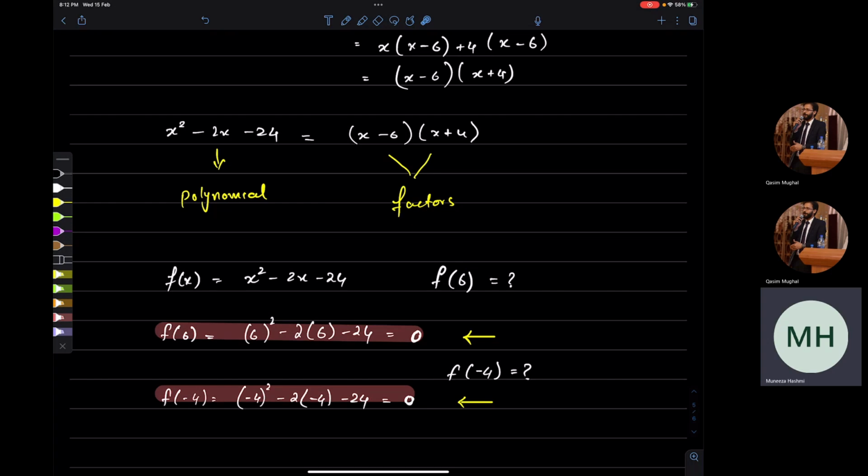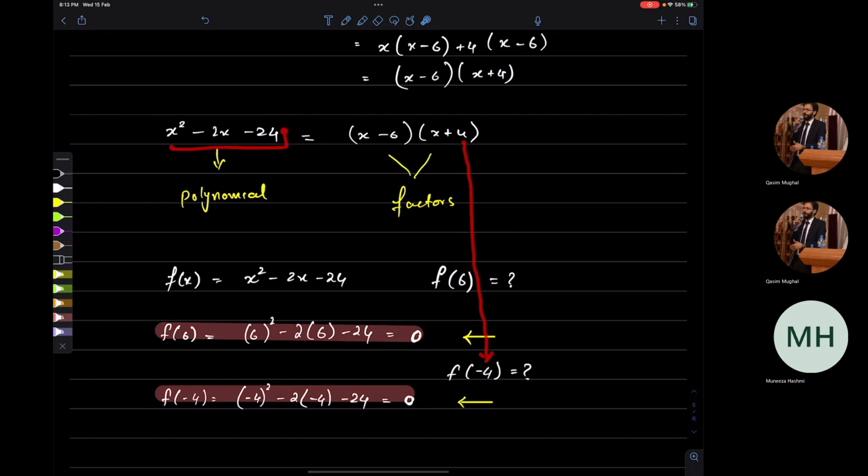No, it's the opposite sign. Yes. So I changed the sign, put it into the function, and that gave me 0. And I changed the sign for this one, put it in the function, and that gave me 0 as well. This is actually what a factor theorem is.